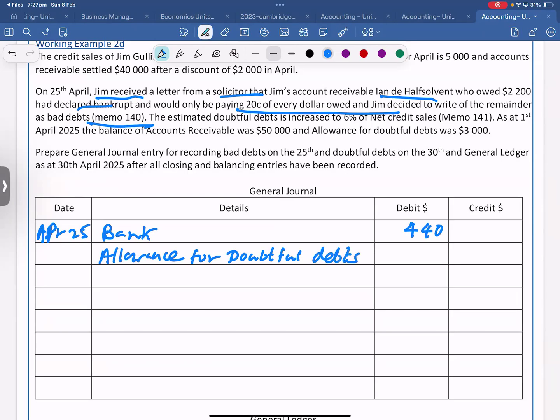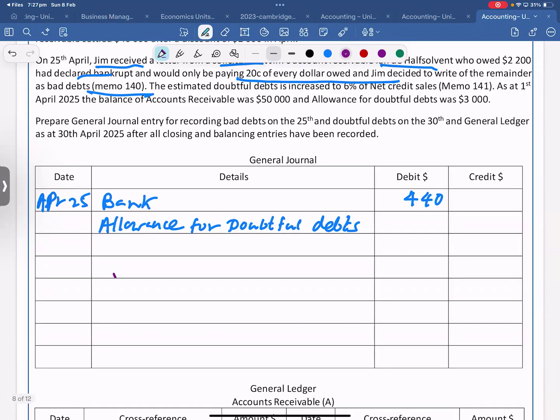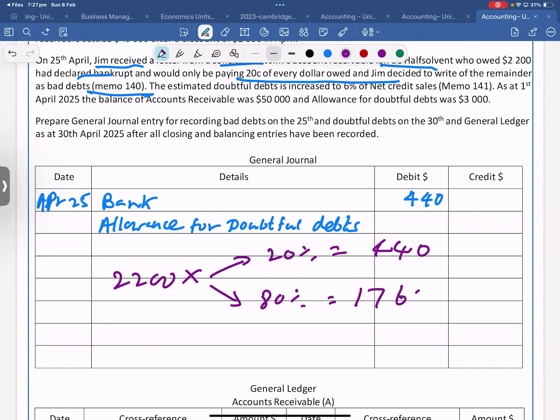How much? 1600. How do you calculate it? I'll show you. From 2200, you are calculating 20%, which is 440. Then the remainder is 80%, which is 1760.